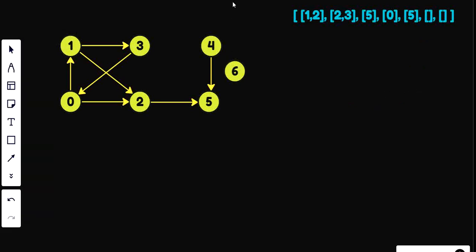As of now, the current status is: 6 has 0 in degree, 4 has 0 in degree, 5 has 2, 2 also has 2, 0 has 1 in degree, 1 has 1 in degree, and 3 also has 1 in degree. On the basis of this status, what will be the queue? The queue will have 4 and 6 right now.